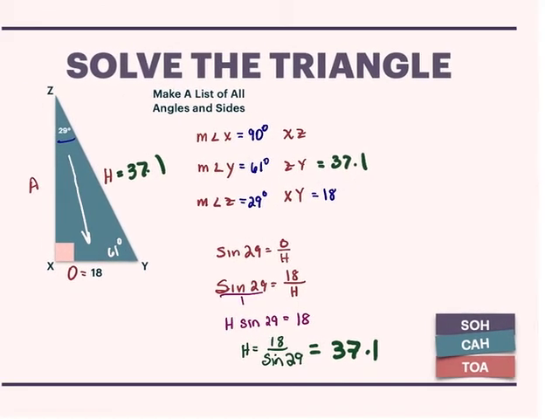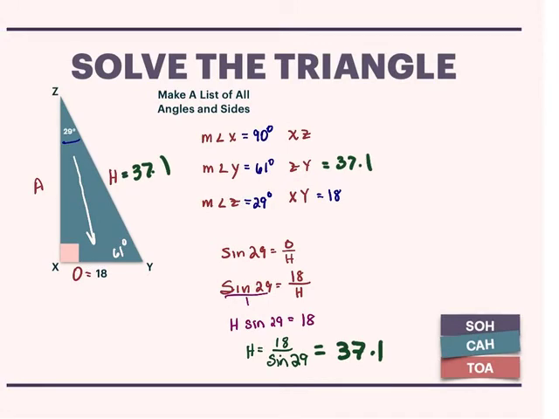So let's go ahead and for the adjacent side here now, I want the adjacent side, that's side xz, the one I don't know yet. So I have opposite that I know, adjacent I don't know, opposite and adjacent, that is the tangent function, TOA. So tangent of angle z, or 29 degrees, is opposite over adjacent.